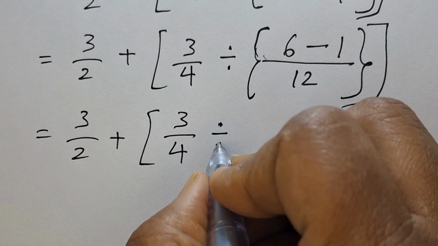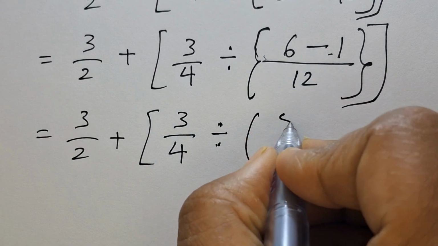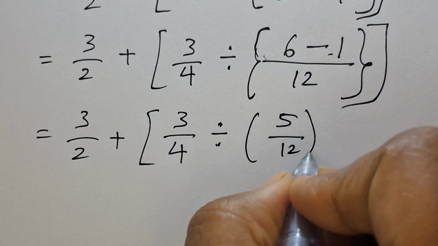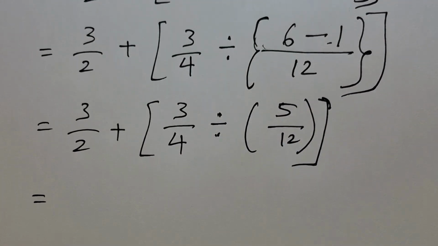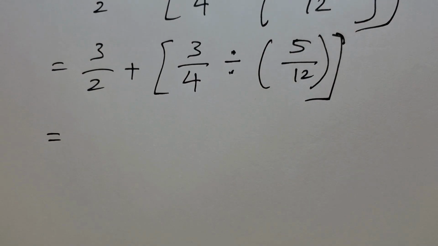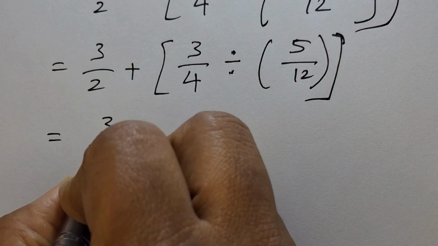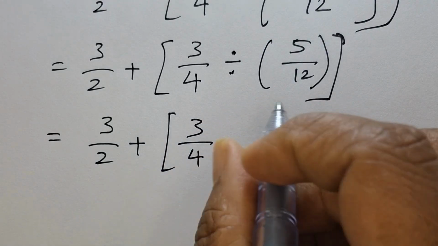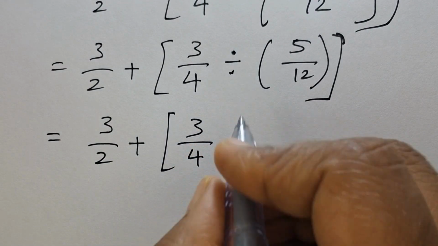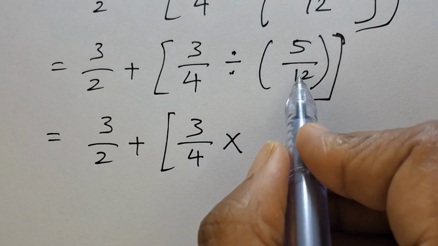The next step is 3 by 2 plus 3 by 4. Here divide is there, so we have to change the symbol. So we will change it to the into sign. We have to take the reciprocal, so 12 by 5.